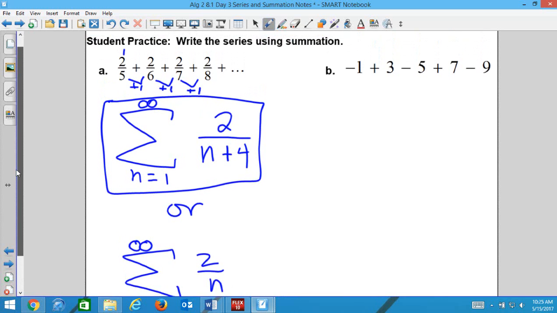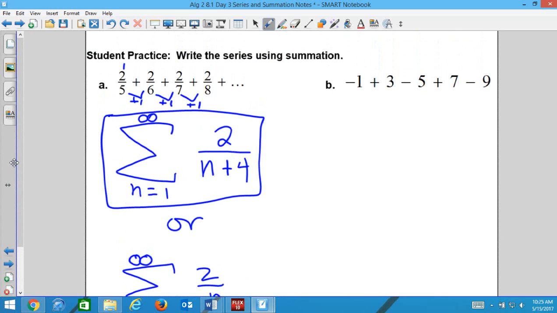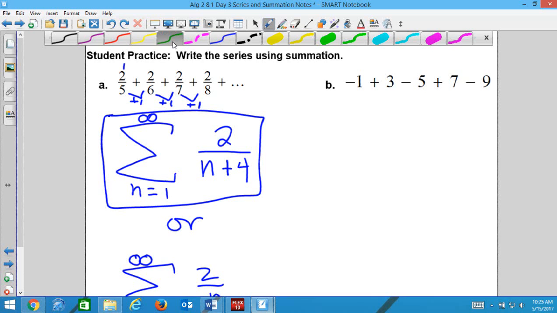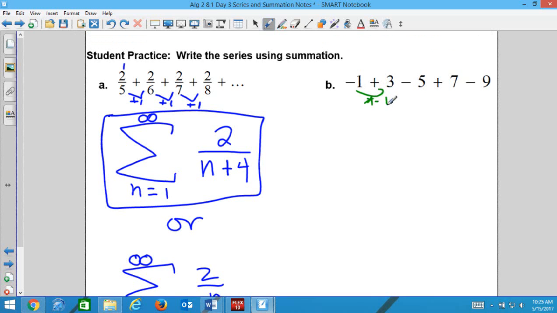Okay, the next one has something that we did on Friday. What's kind of special about this one? It's alternating plus or minus. So we talked about if we are multiplying each one by -1, you're doing times -1 each time. That's not the only thing that's happening, but that is happening.